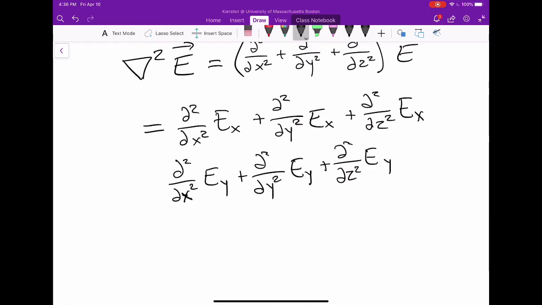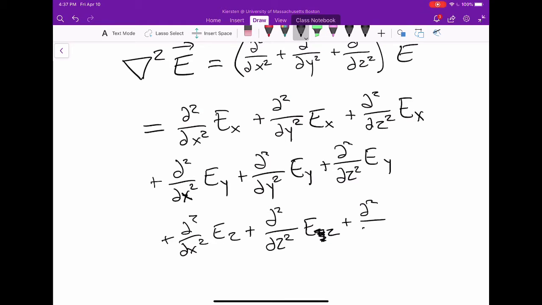And now the z component. This is what I get for trying to write this on a Friday.